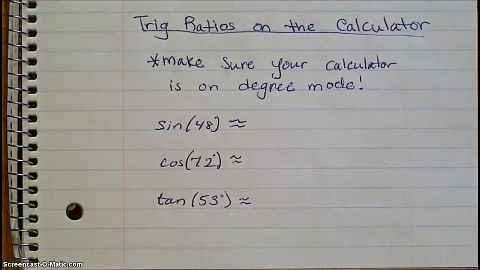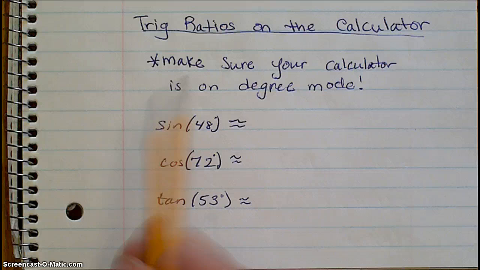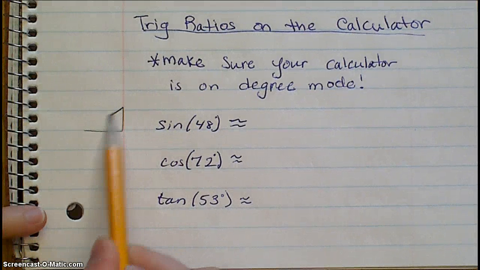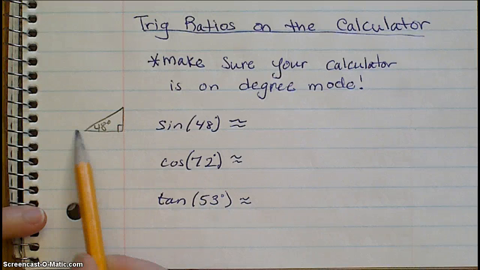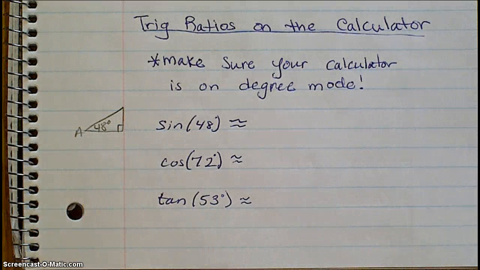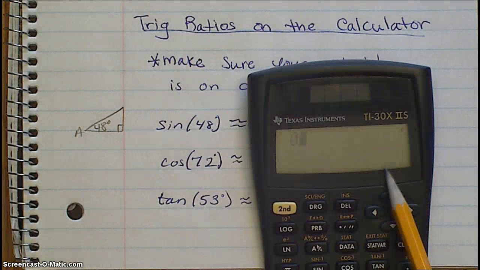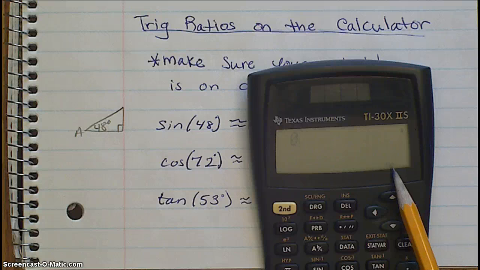Sometimes when you're using trig ratios, the angle measures will already be given to you. For example, if I gave you a right triangle with a 48-degree angle and I said find sine of that angle, but you don't know any of the side lengths, you can type this on your calculator very easily. The most important thing is to make sure that your calculator is on degree mode. Take a look at your screen and make sure that it says degrees.